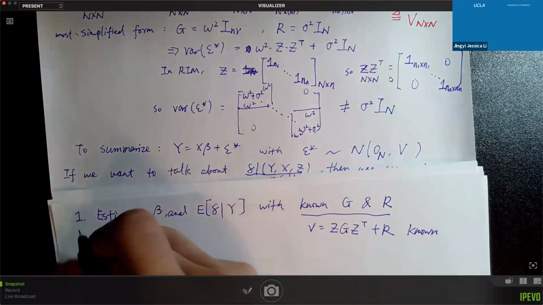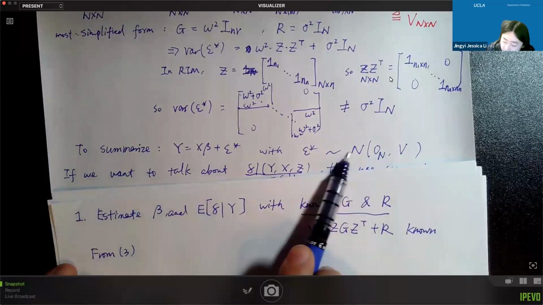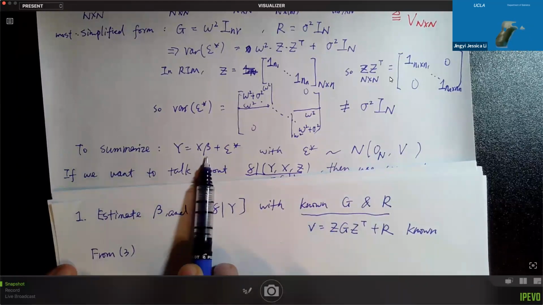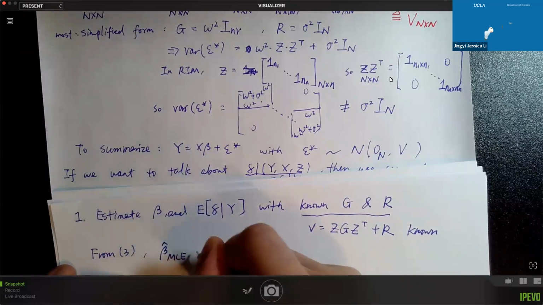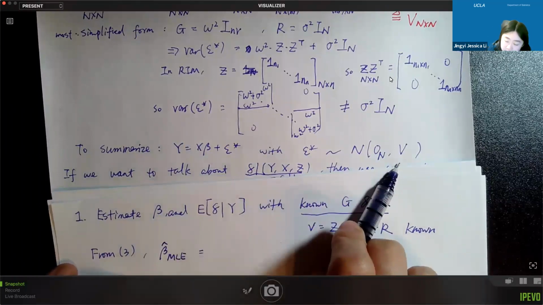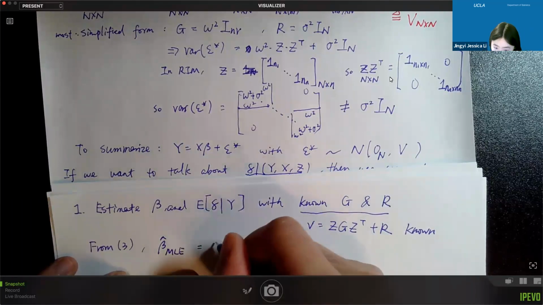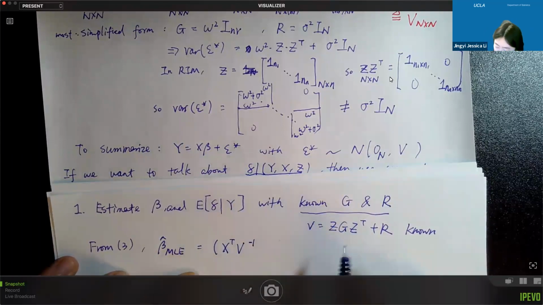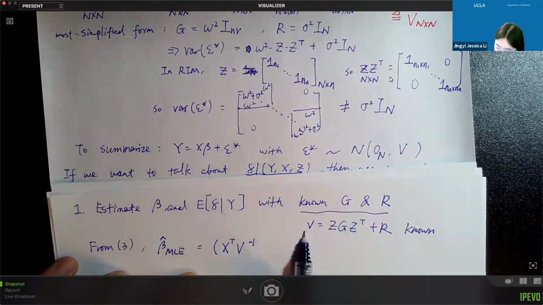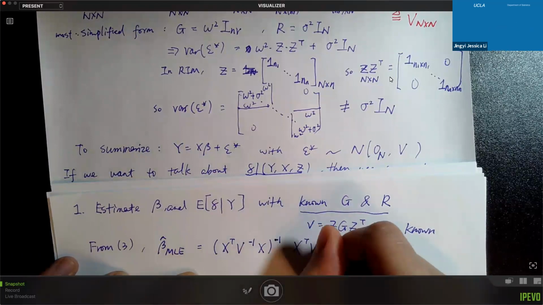Given this model, we can write down the likelihood of beta. We can show that beta hat MLE, by maximizing this likelihood, would just be the weighted least square formula. It's actually x transpose V inverse x, all inverse, times x transpose V inverse y.